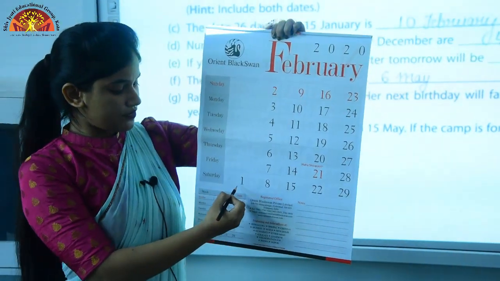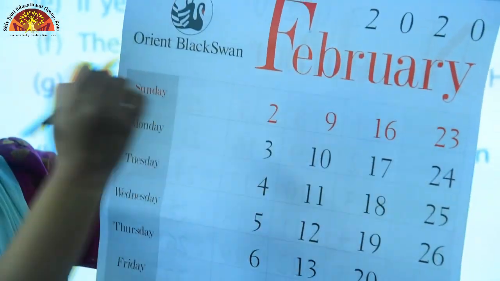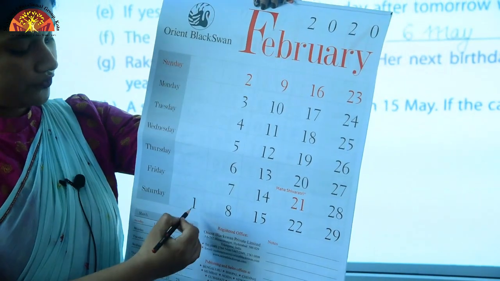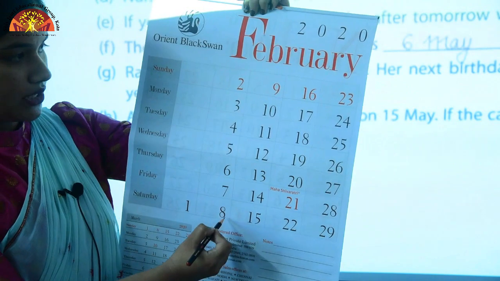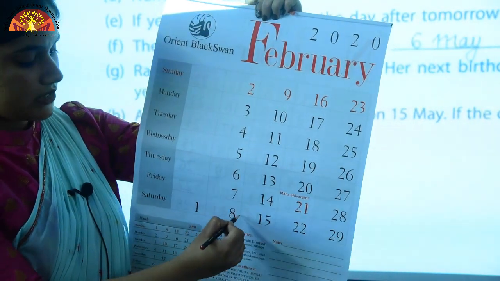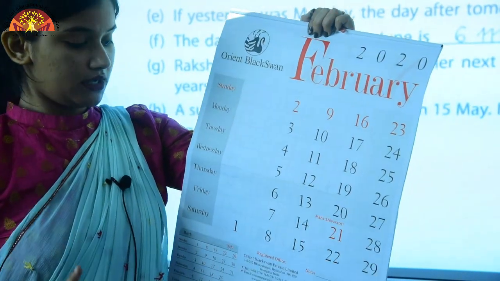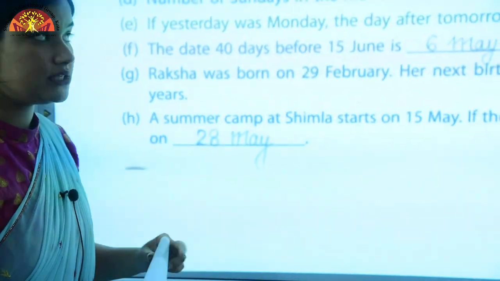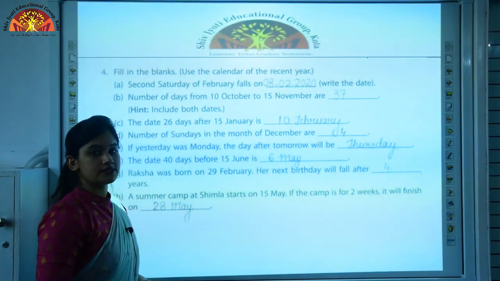And we can see first Saturday is coming on 1st of February. Okay, but we want when the second Saturday is coming. So after 1st of February, you can see second Saturday is coming on 8th of February. So what is the correct answer? The correct answer is 8th of February. So we have to write the date here, and the date is 8 February 2020.